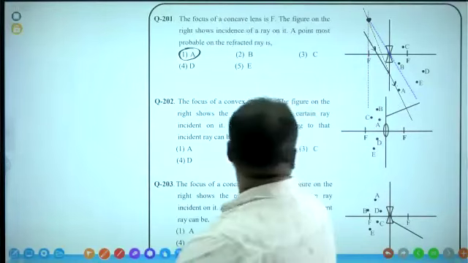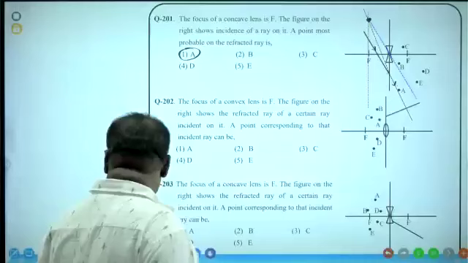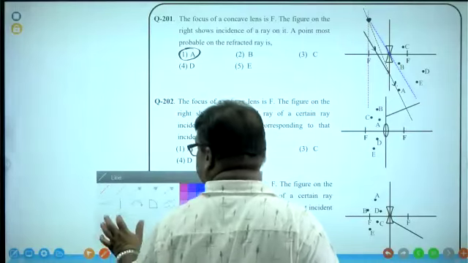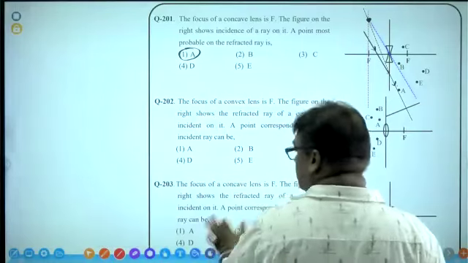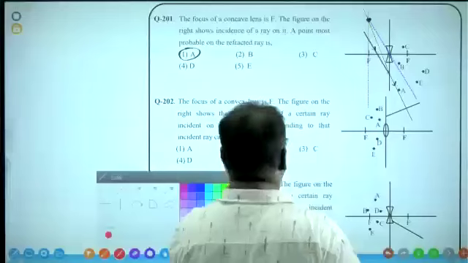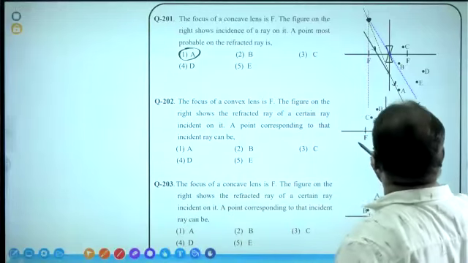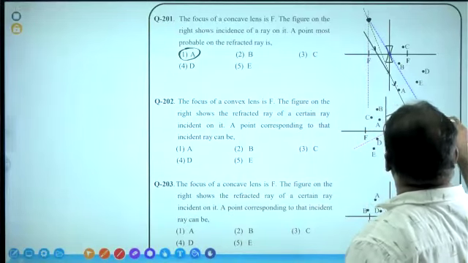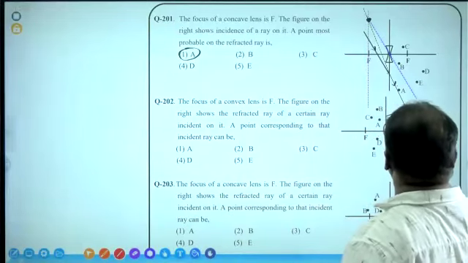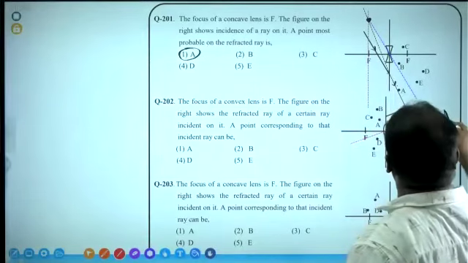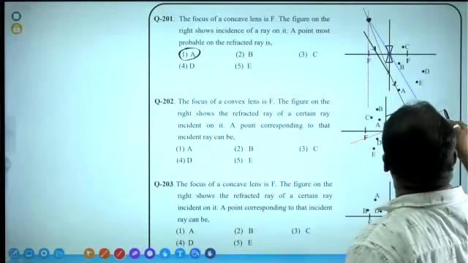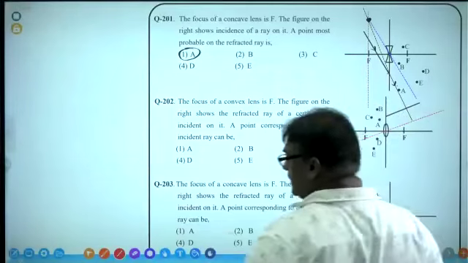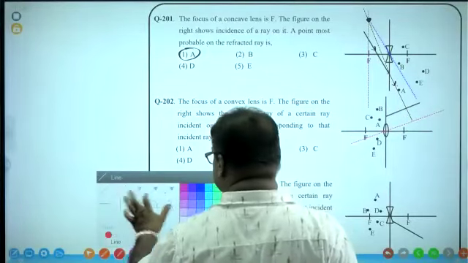Right, 202. It's a convex lens. Drawing the line across the optical center right here. This one is the focal line.